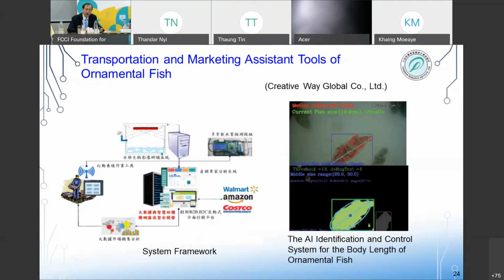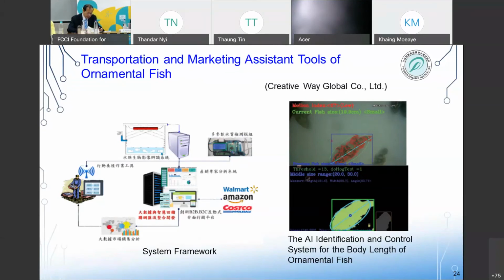This technology includes AI identification, body length management, fish number counting, environmental sensing, and production and marketing analysis system.